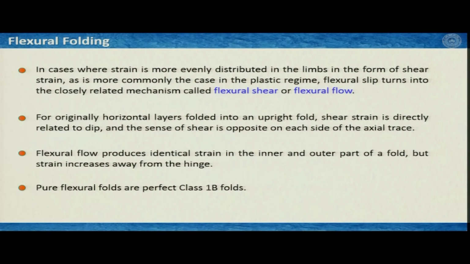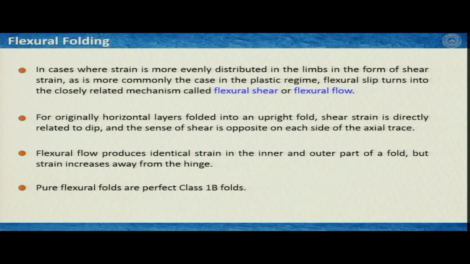But if you draw a circle or a rectangle and then you deform it, you do not see the individual slips, it may appear as a continuous ellipse or a continuous sheared rectangle. So, these are known as flexural shear or flexural flow.